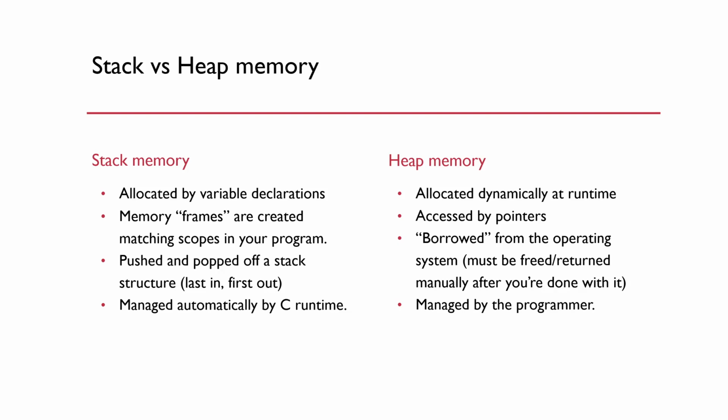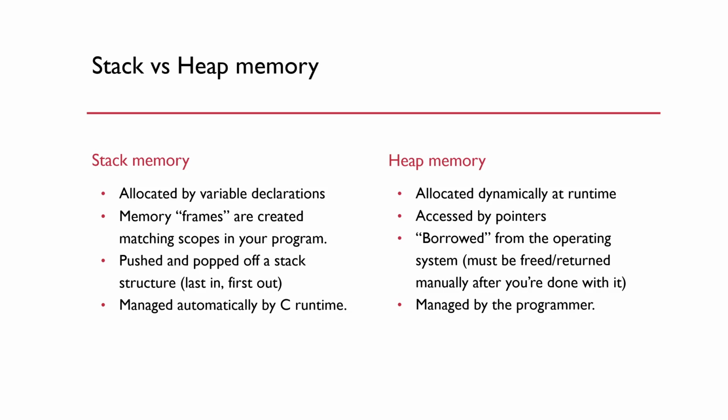Stack memory is a region of memory that the program and the C runtime will deal with automatically. Whenever you declare or define a variable, the memory for that is allocated automatically on the stack.